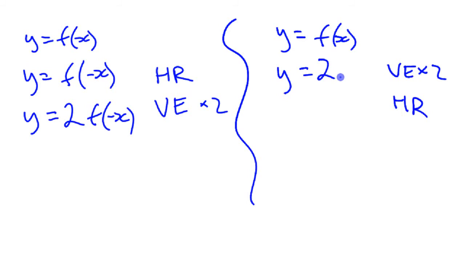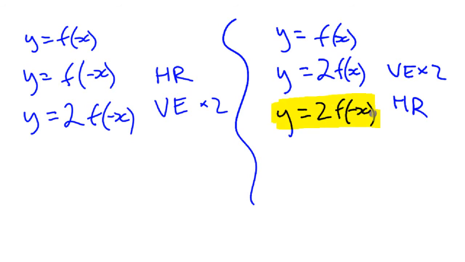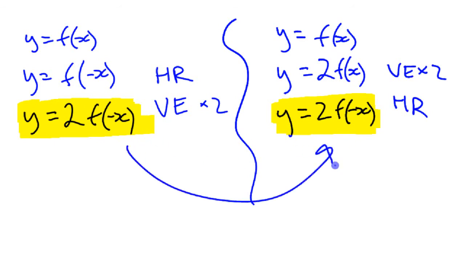Now we thought we shouldn't have a difference, so the algebra should work the same as well. 2f of x, and then if you make the change in here, right, there's no difference between those two things. Either way you end up with that. That's your final function. Now when we were graphing it, we were using two other functions as intermediate steps, to see one step at a time. These are the same. Okay?